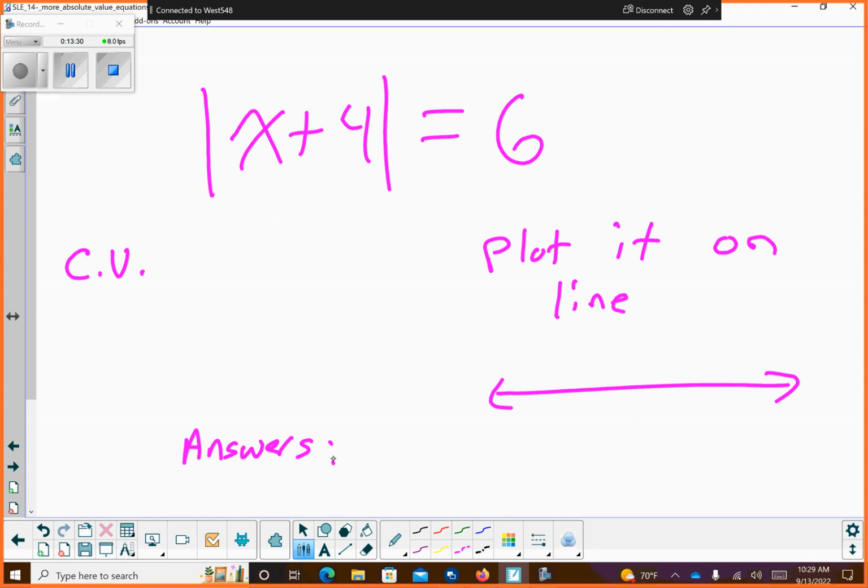All right, let's take a look. So I am saying the critical value is negative 4. Do you agree? All right. So next thing I want to do is this.